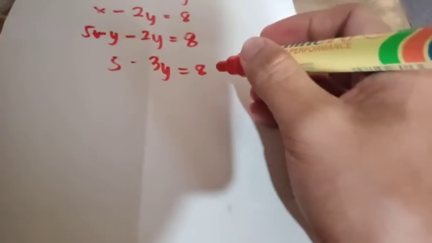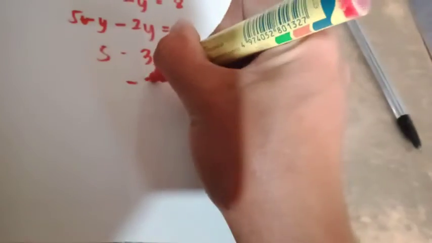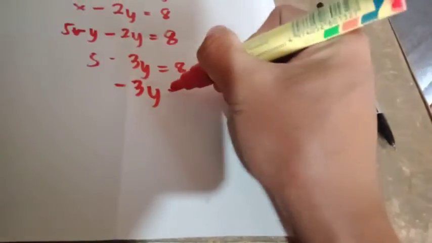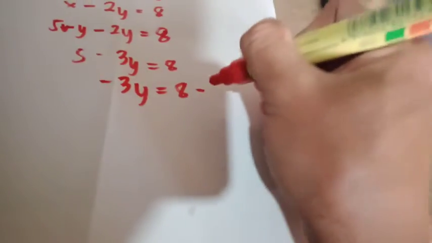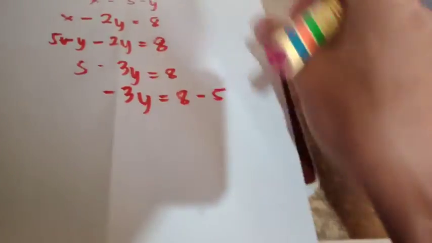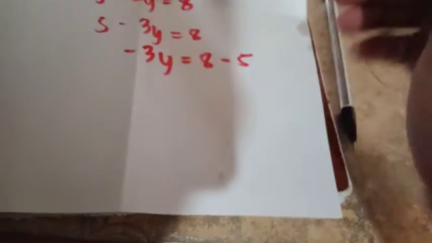And then the next thing we do is we have to transpose 5. So we have negative 3y equals 8 minus 5. And we just have to simplify this to get the final answer.